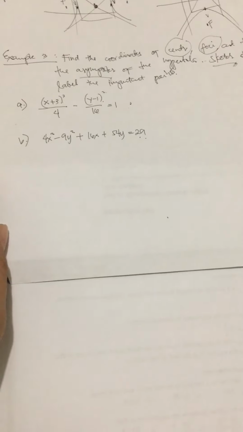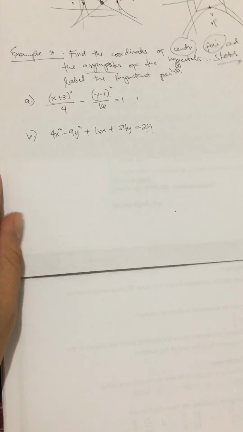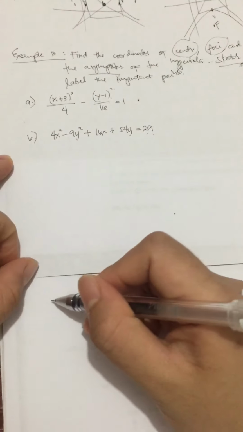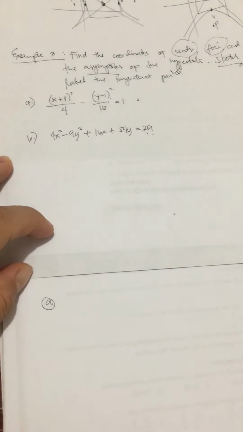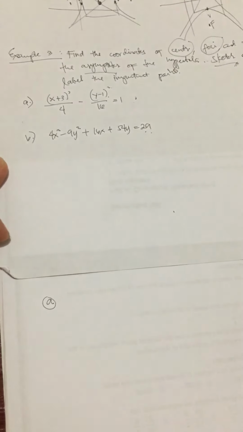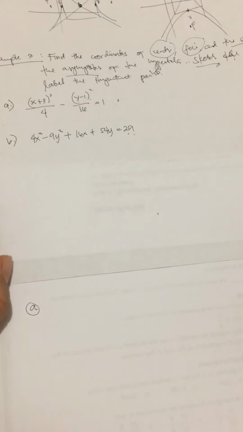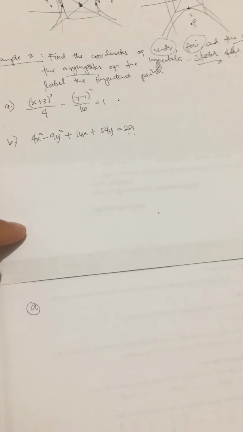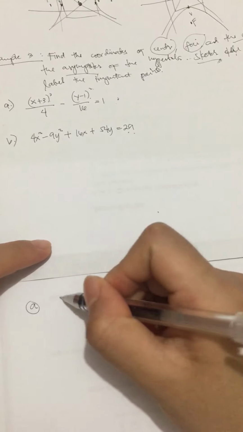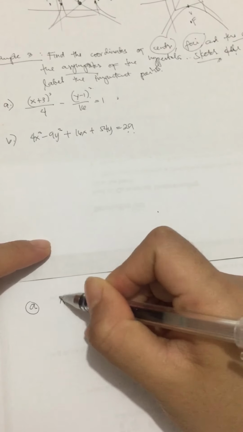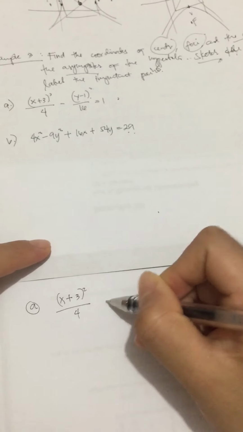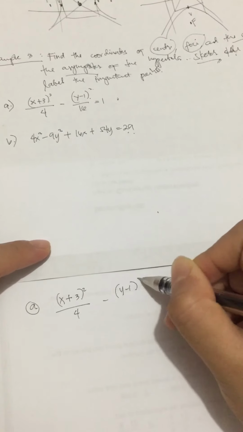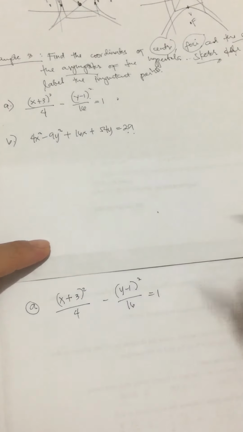For problem letter A, it is already in the standard form, so it's easy for us to know the values of our a, b, and c. The equation is (x plus 3) squared over 4 minus (y minus 1) squared over 16 equals 1.